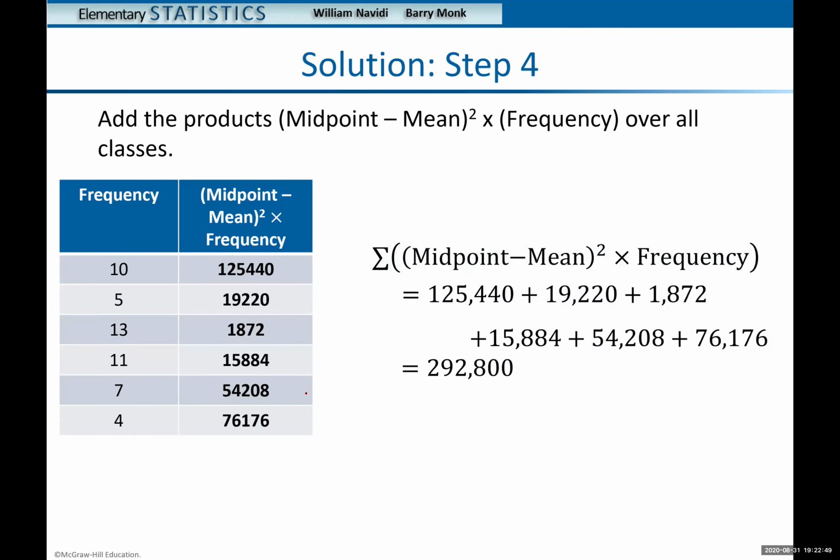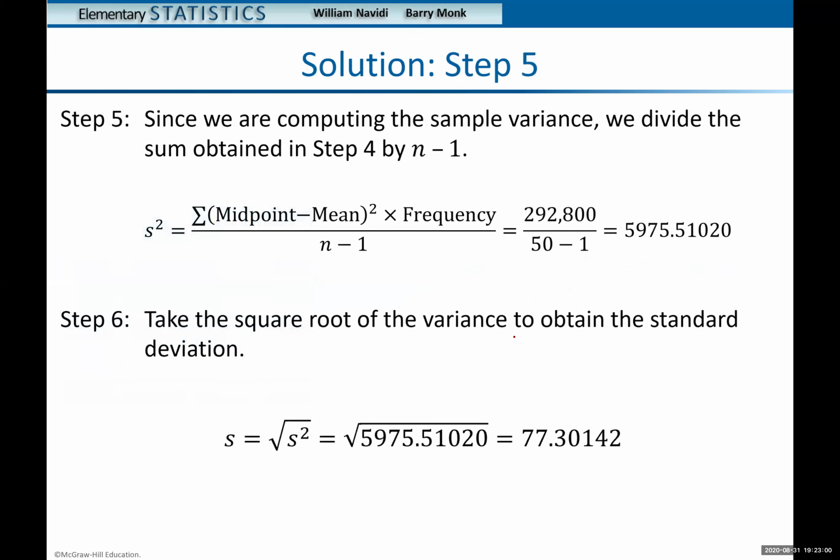So when you add all these numbers, it's 292,800. And you divide by n minus 1 and square root it to get the final answer.